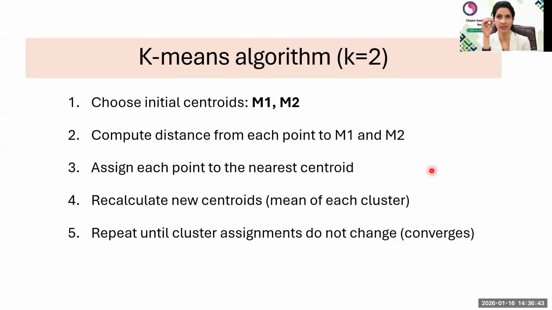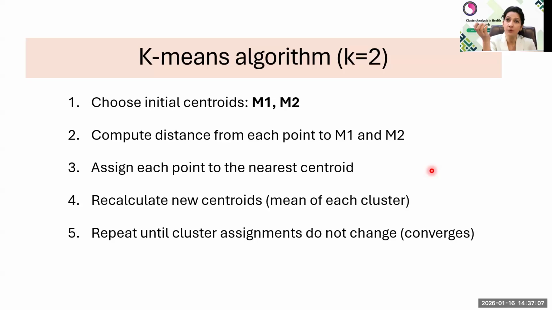For k-means clustering, you have to choose the initial centroid. From that centroid, you calculate the distance. We compute the distance using that centroid, and then we assign each point to the nearest centroid.